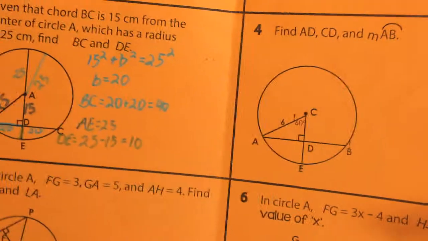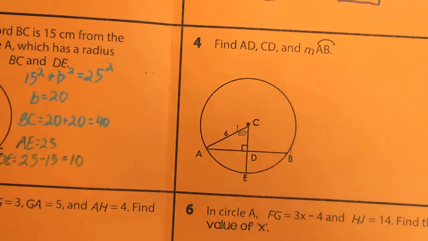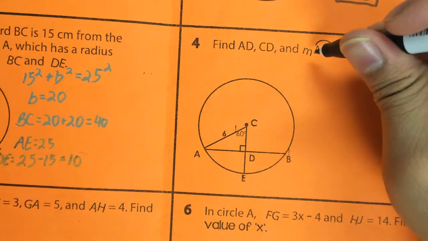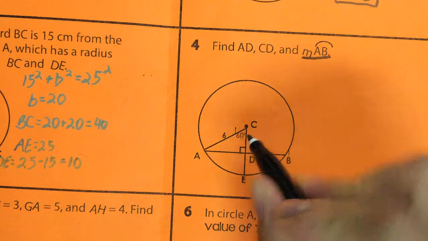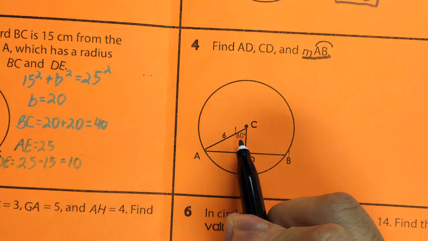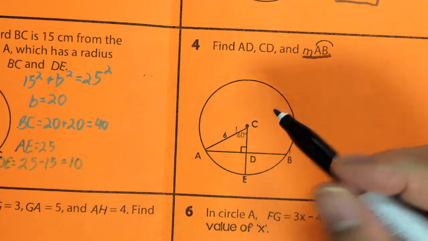Next example about congruent chords, or congruent arcs rather. Okay, so for here I just want to focus on this last part, find that arc. We have a 60-degree angle over here, which is a central angle.